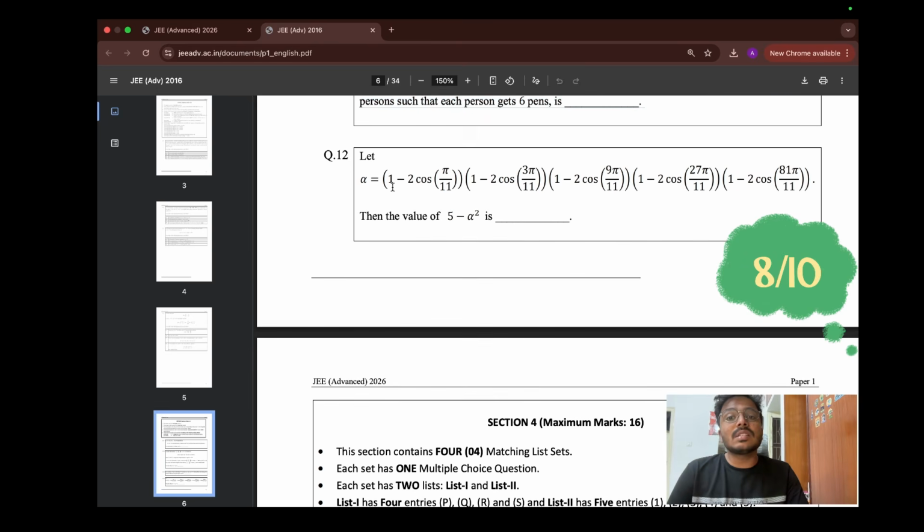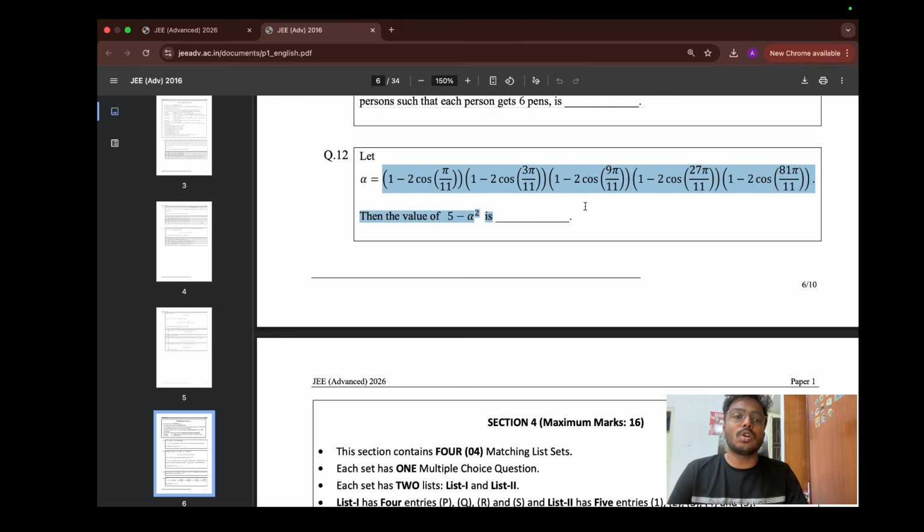And again, this is a standard question from trigonometry only if you are able to identify this pattern. So this involves using the formula cos 3 theta equals 4 cos cube theta minus 3 cos theta. So this is the application of that particular formula.